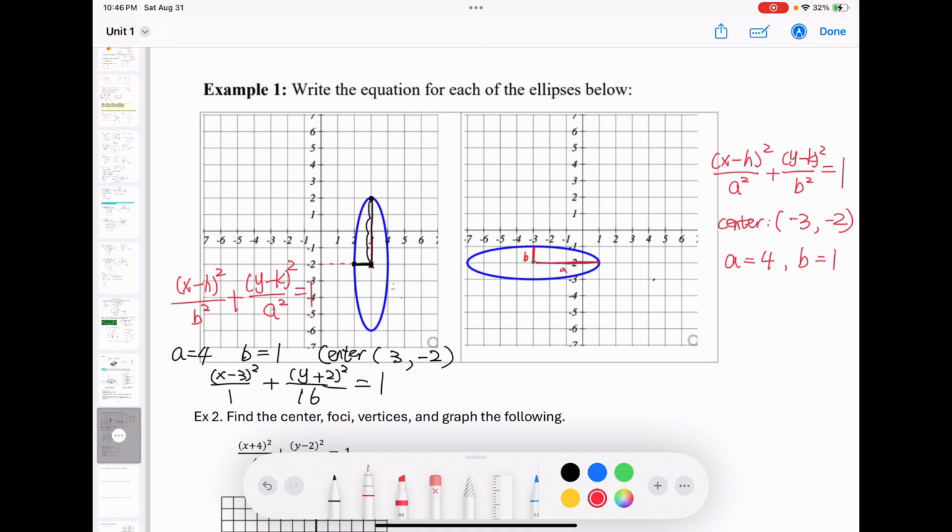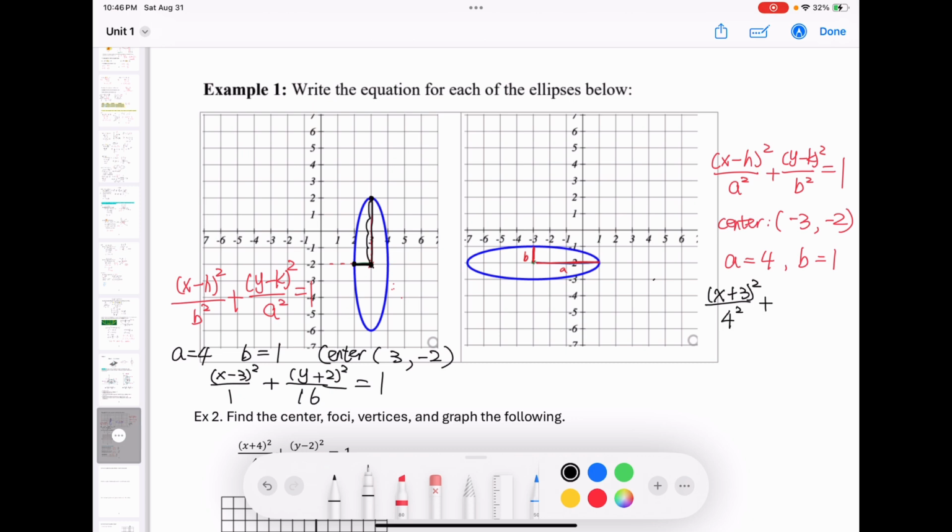Okay, let's plug all of the information into our formula. On the top, x minus h is x minus negative 3, so x plus 3 squared, all divided by a squared, which is 4 squared. You can also put 16.